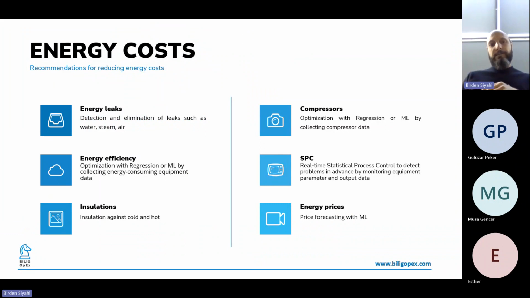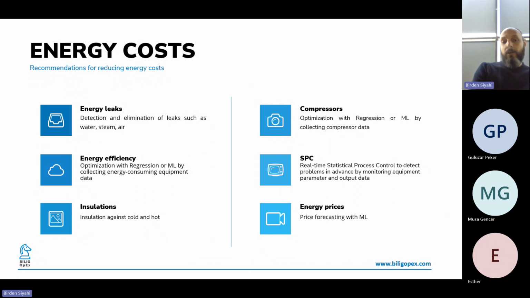If there are energy leaks in a furnace, for example, or through a pipe, if you are sending air, steam, or water outside of the pipe, or sending hot air or cold air outside of the furnace, then that means you have an energy leak. So you're paying for leaks actually. So the first thing you need to do is insulation, to get rid of the energy leaks.